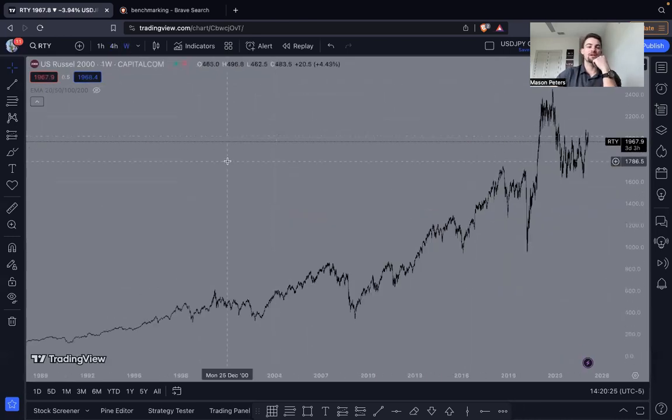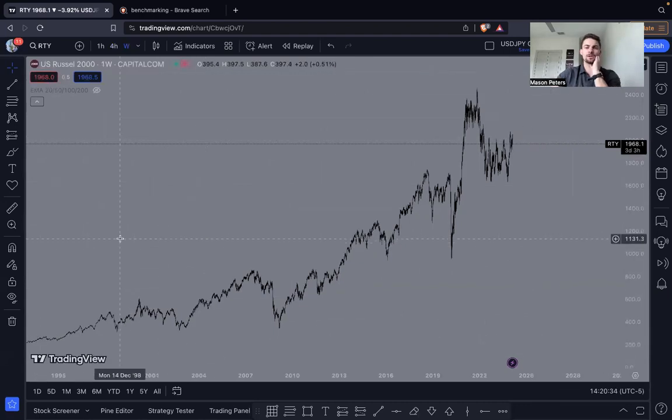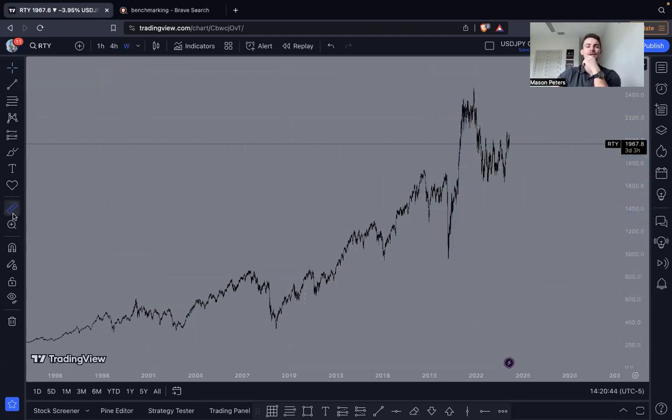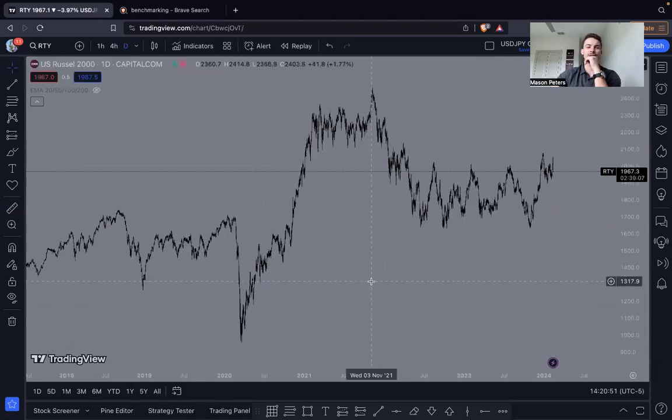Now, here's the weekly time frame on the Russell. This is the Russell 2000, the 2000 small cap companies. Okay. Very similar to the stock market trend. A little less movement, not nearly as much growth and volatility. So I do want to go over the pattern in 2022.